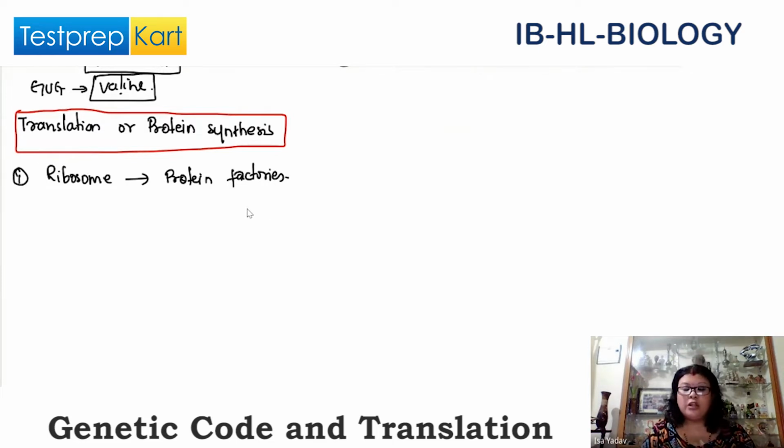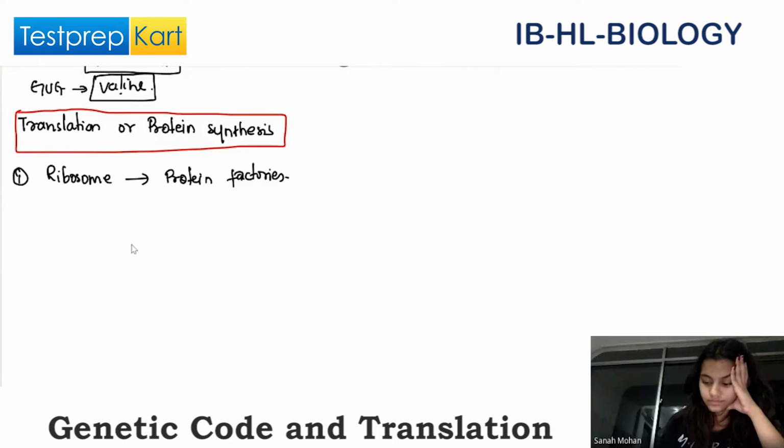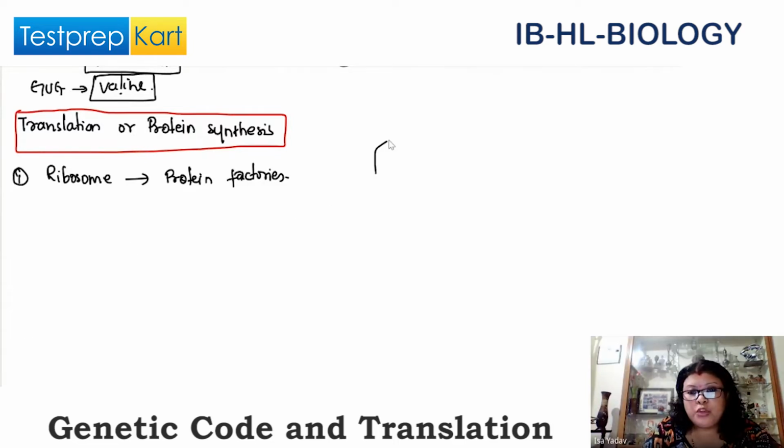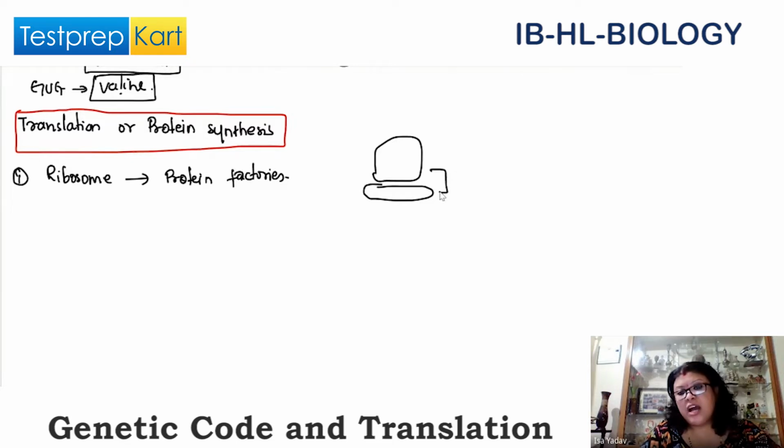Ribosomes are the structures where the process of protein synthesis occurs. We have to keep the two subunits of the ribosome intact, and this is done by Mg2+.